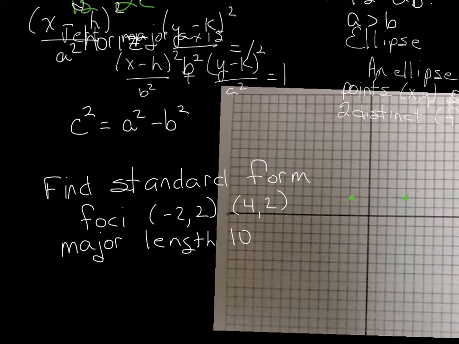Horizontal. Now, the center is in the center of the foci, so we've got to figure out what c is. We know that 2c is the distance between the foci. The 2 doesn't change, so we can take 4 minus a negative 2, which is 6. So c equals 3.